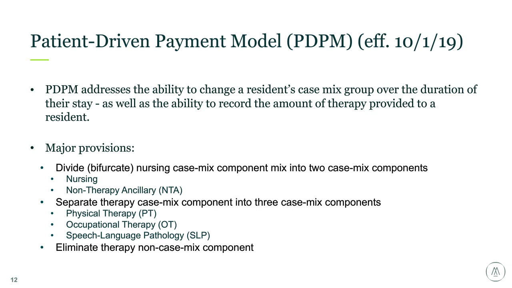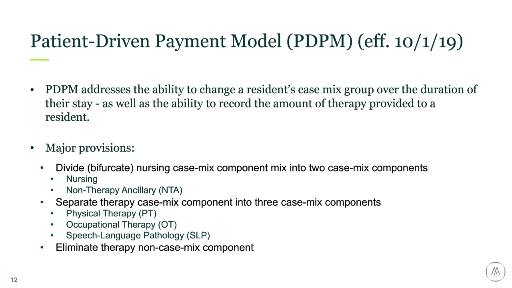So this now takes the prior system of RUG-4 and moves it into a patient-driven payment model, which is specific to that patient, and it breaks down the payment factors into physical therapy, occupational therapy, speech-language pathology, and also includes a component for nursing services and non-case-mix adjusted items.